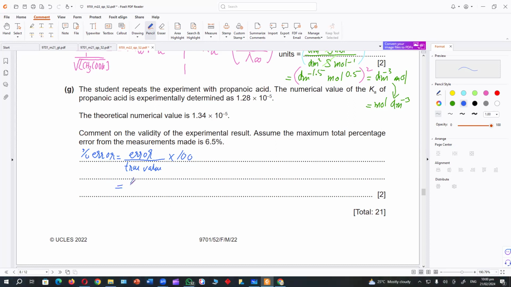I can say 1.34 minus 1.28 into 10 power minus 5 upon true value, which is 1.34 into 10 power minus 5, into 100.